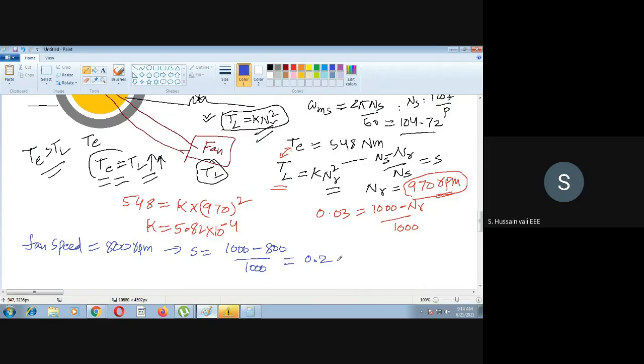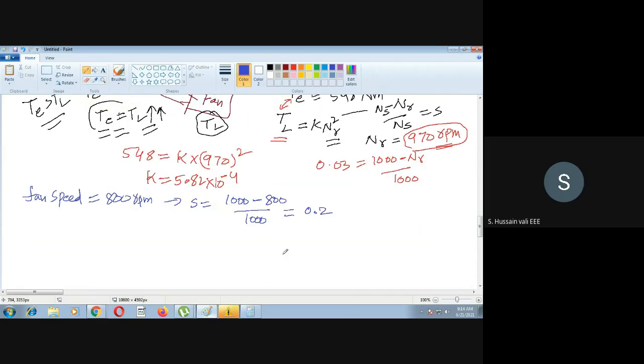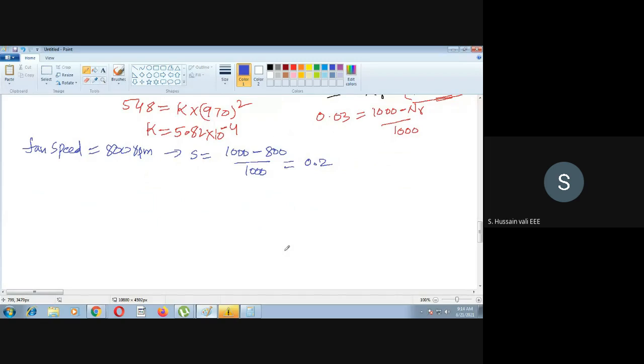Then what's next now? What's next is that we will simply use the same equation which we have used. So that is T is equal to TL. Anyhow, whatever you do, at the end at equilibrium, T should be equal to TL. That's the logic. So now T, what is the formula you got here? 3 by omega ms into V square into R2 dash plus R. I will write R because now you are inserting some extra resistance.